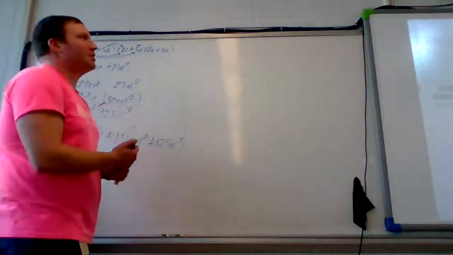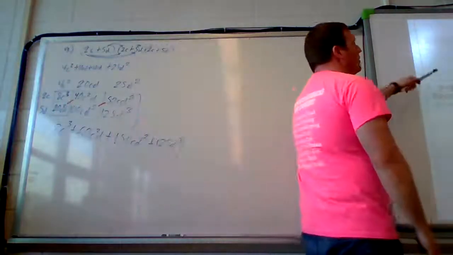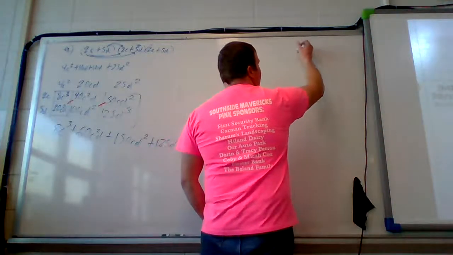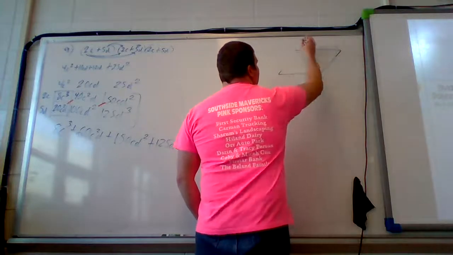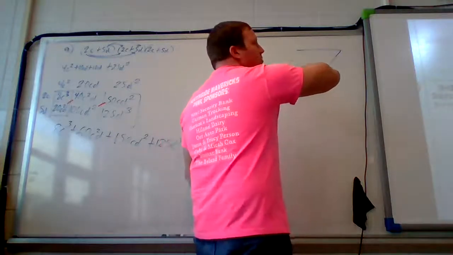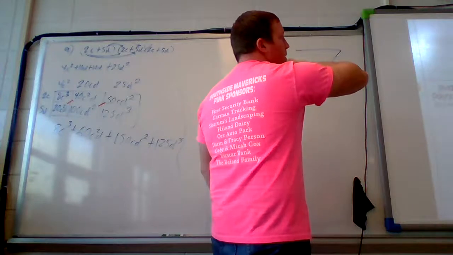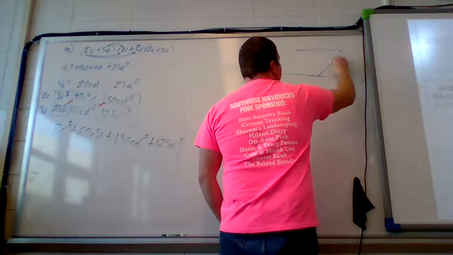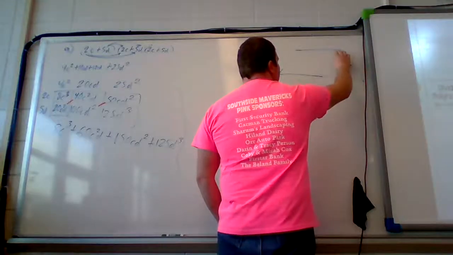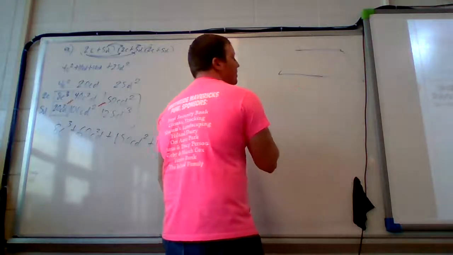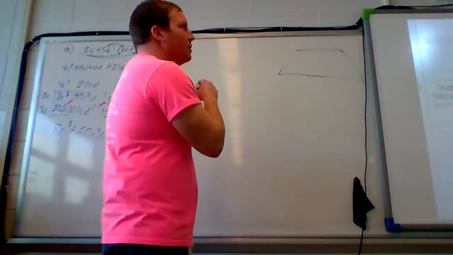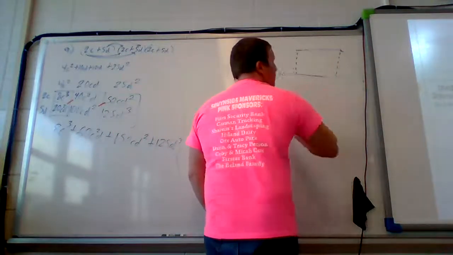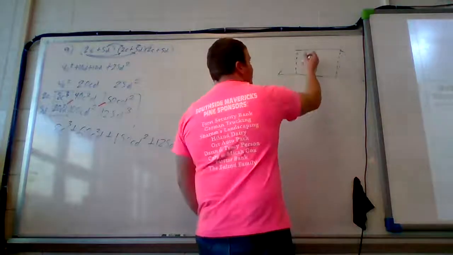The height of a trapezoid, how do we find it, or let's draw our trapezoid real quick. Here's our trapezoid. So the height can be 2x plus 9.